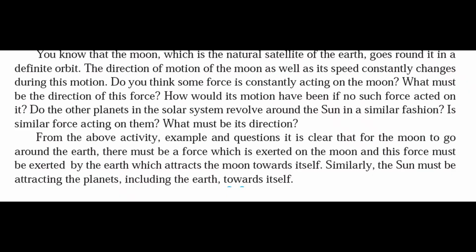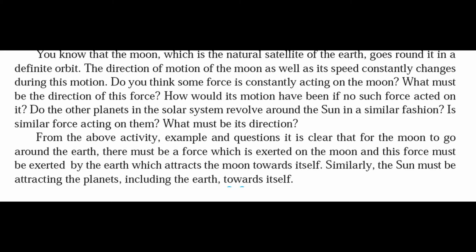Now you know that the moon, which is a satellite of the earth, goes round and round in a definite orbit around the earth. The direction of this motion of the moon as well as its speed is changing constantly.